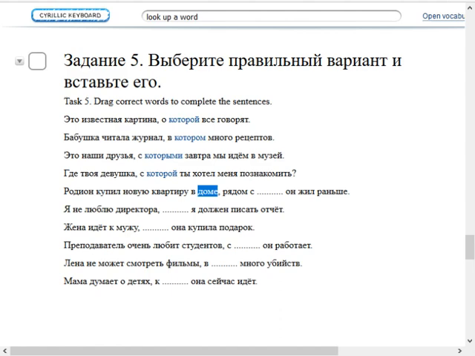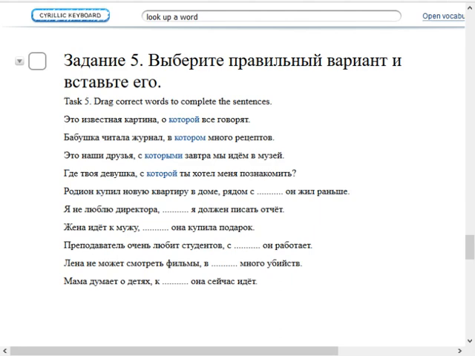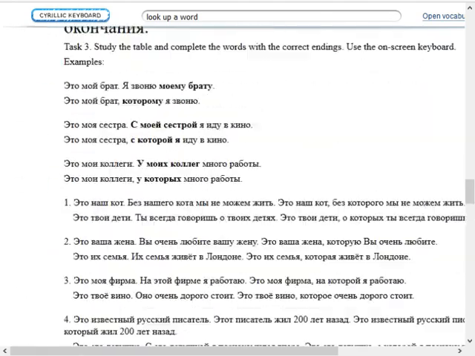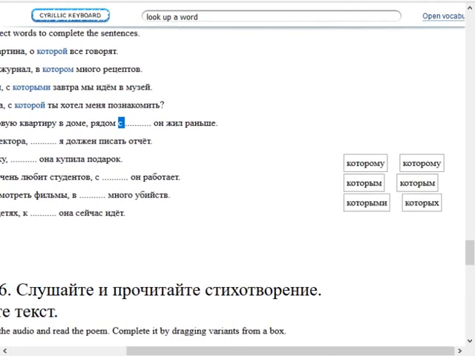So Rodion bought a new apartment in the building next to which he lived before. So, dom is masculine, s is instrumental, so instrumental masculine is которым. Которым.